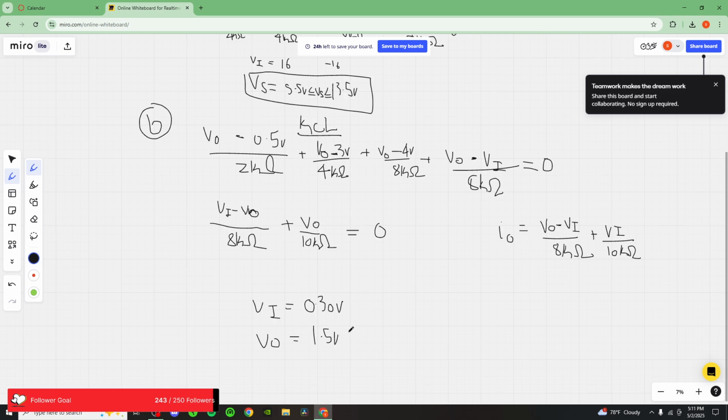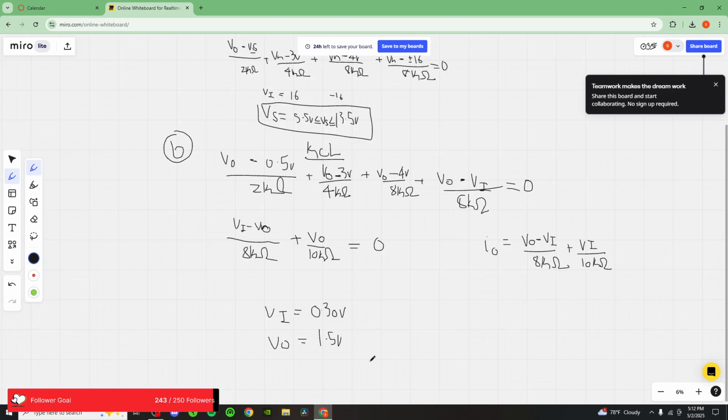And whenever you input that into the equation I've given, you should get 1.5 minus 0.30, divided by 8 times 10 to the power of 3, plus VI, which is 0.30, over 10 times 10 to the power of 3.